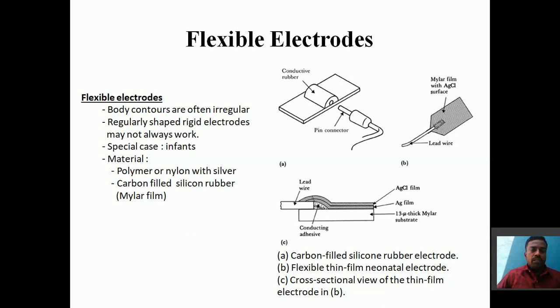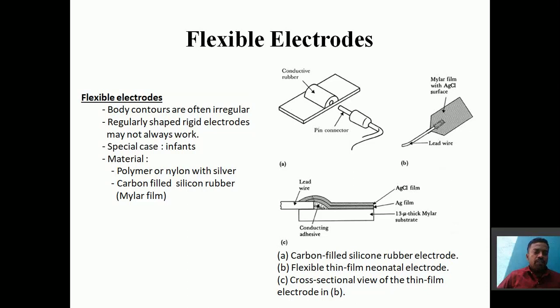But the flexible electrode looks like a sticker, so we can fix it so that it completely touches the skin, without any gap. So this electrode can be placed on any irregular shape of our human body. That is a flexible electrode, which looks just like a sticker.